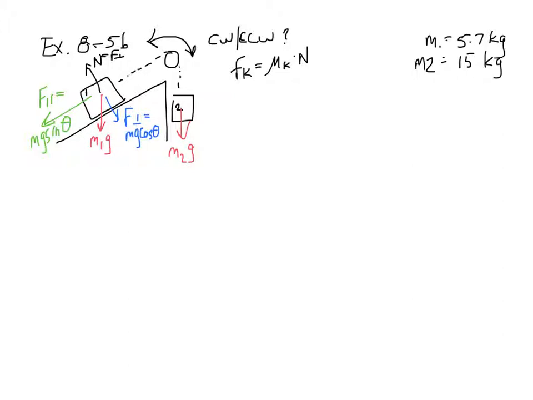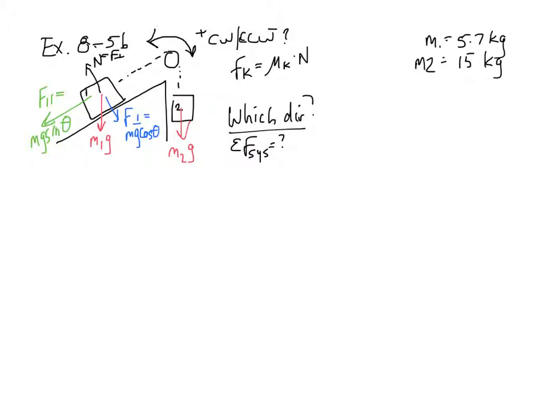Okay? So, let's ask ourselves this. Which direction is it going to go? Which is greater? Well, what are the two forces that are acting along the direction of motion right here? So along this axis, I'm going to call clockwise positive and counterclockwise negative. I'm just going to remind myself that's positive and that's negative. It doesn't matter. It just means that one is acting against the other one. So that means, what is the net force on that system?